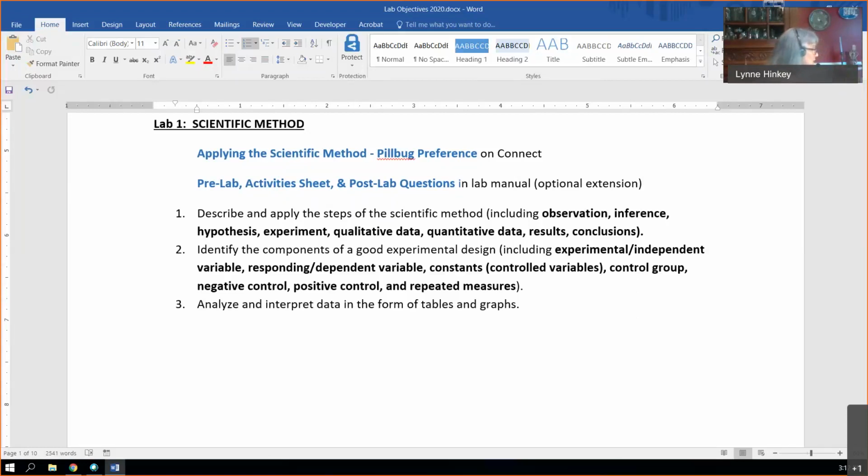So in my cookie example, what are all the things that could affect your test grades? Sleep, what textbook I use, what instructor I have, how much time I study. All of those things could affect the outcome, my test grade.